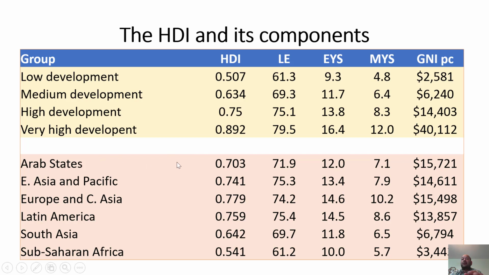So, for example, take a look at Arab states, which have an HDI of 0.703 and an average income of almost $16,000. Now compare that to either East Asia or Latin America, two regions where average income is actually lower than it is in Arab states, but their HDIs are significantly higher. And the reason for that is that East Asia and Latin America have better indicators for health.